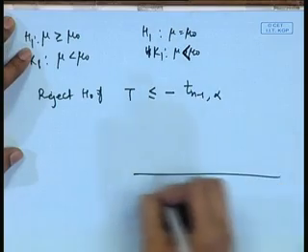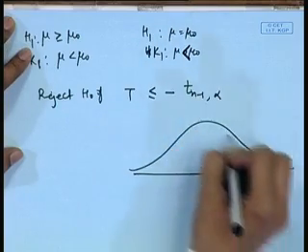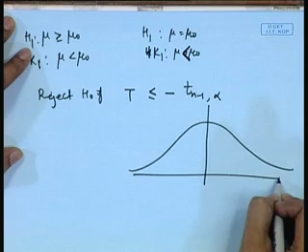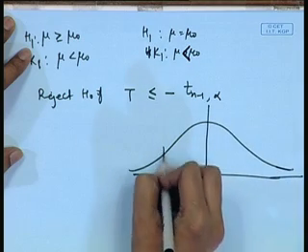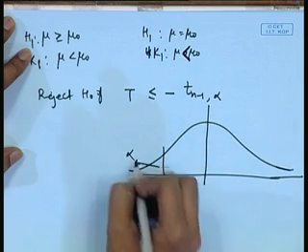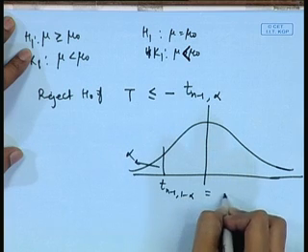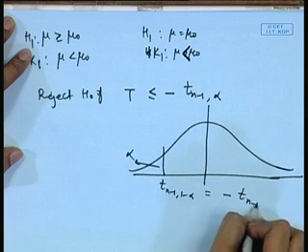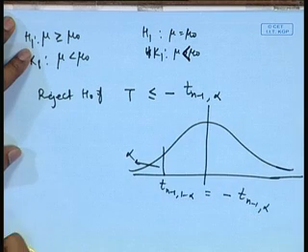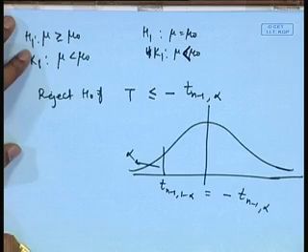Because if we are looking at the point on the T distribution here, then this probability is now alpha. So, this point becomes t n minus 1, 1 minus alpha. Because of the symmetry of the T distribution, this becomes minus t n minus 1, alpha here.